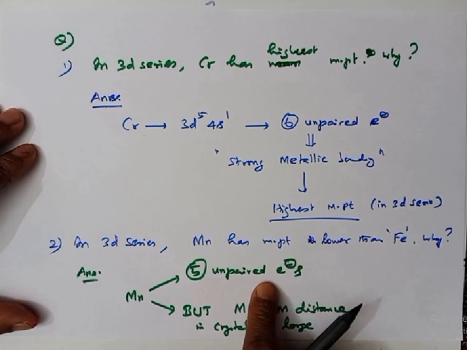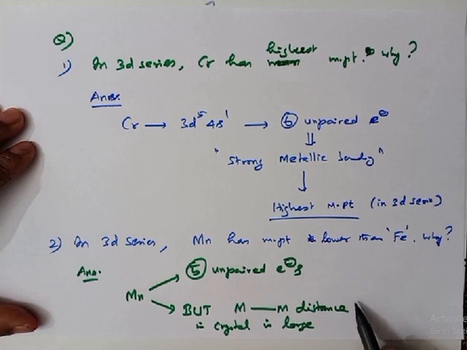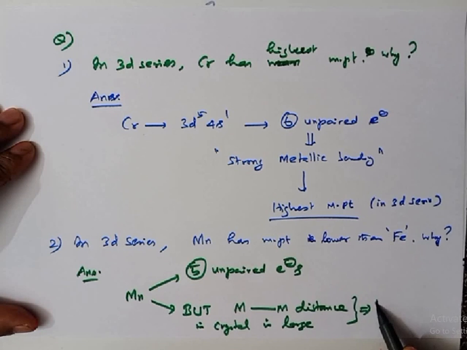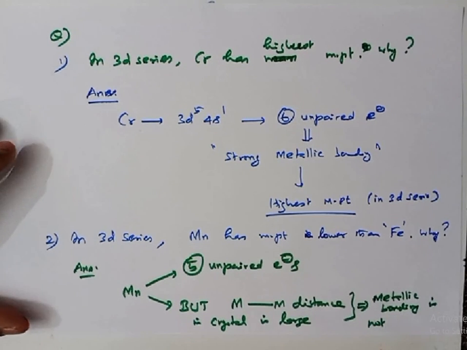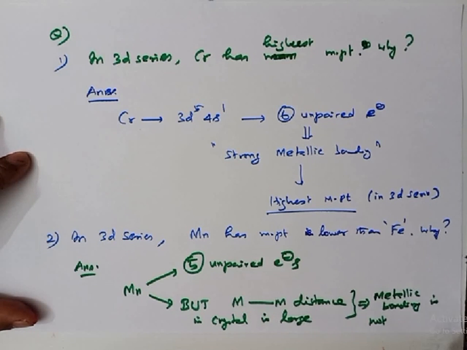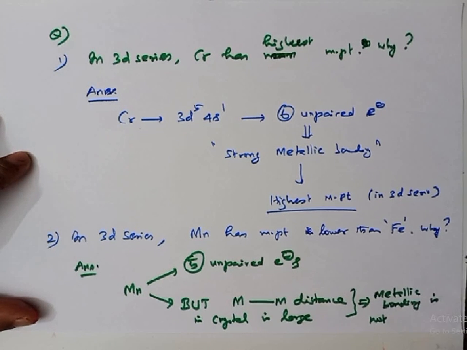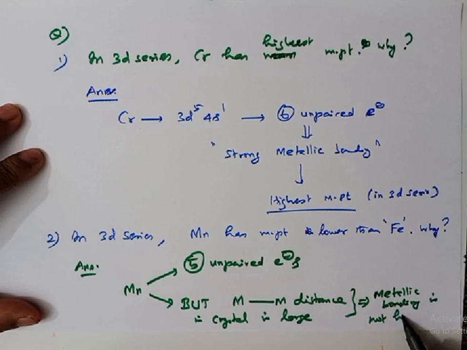So even though there are 5 unpaired electrons, metallic bonding is not effective, not as high as expected.